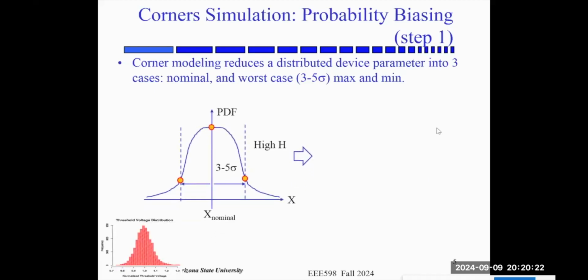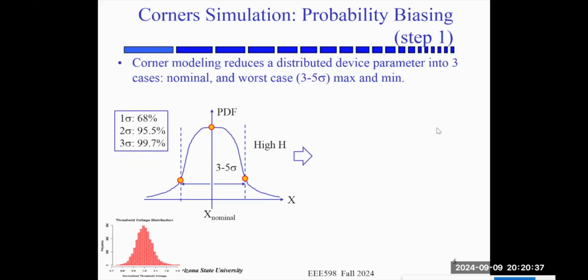Since the device parameters vary based on the assumption of a normal or Gaussian distribution, we can look into 3 sigma.